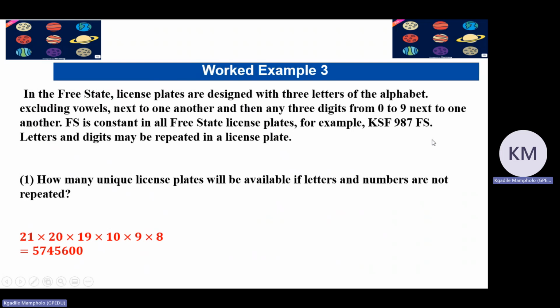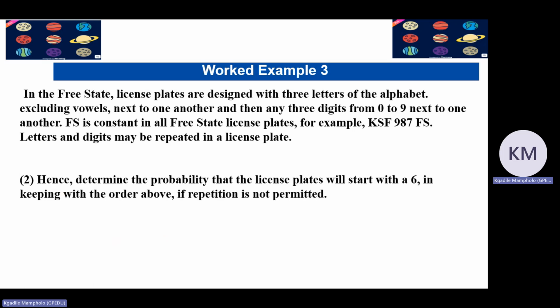But if we were saying it ends with letters F and S, then we'll say 2 because there will be 2 possible arrangements, FS or SF. But here it's fixed. So you can just say times 1, because F and S are fixed and they are not changed.